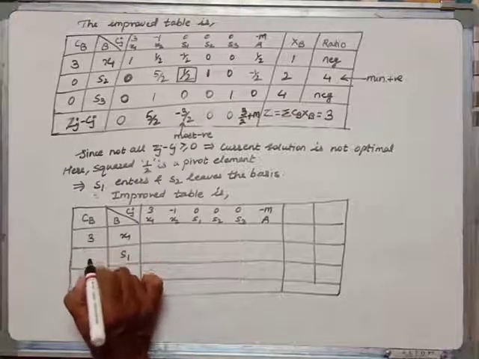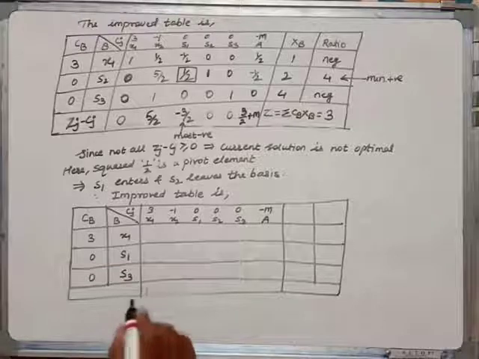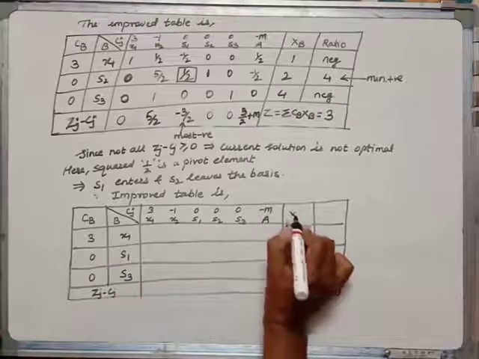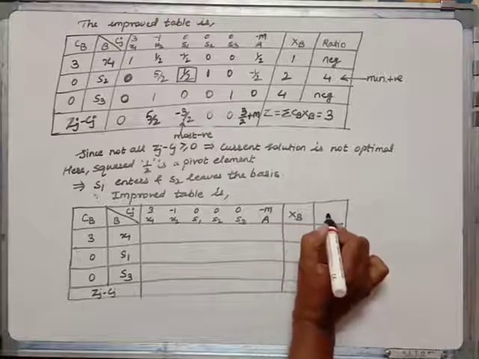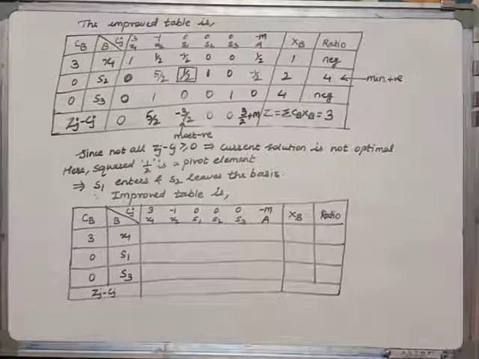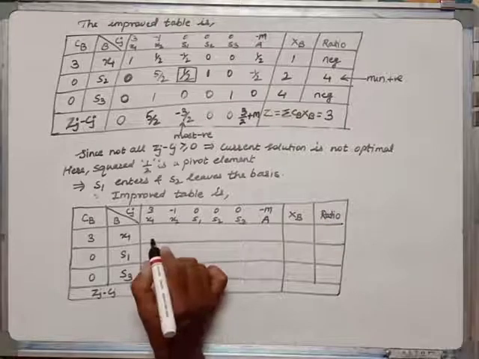X1 has coefficient 3, S1 and S3 have 0, then Zj minus Cj, here XB and a ratio. Okay, now what are the entries?